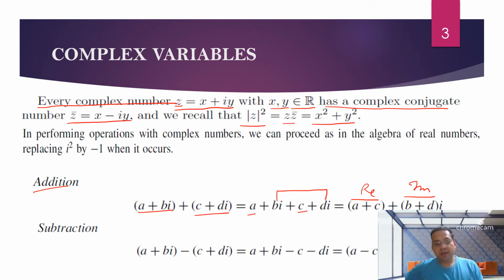Again, for subtracting one complex number from another, we just subtract c from a. That means a minus c is the real part and b minus d is the imaginary part. The resultant is this.